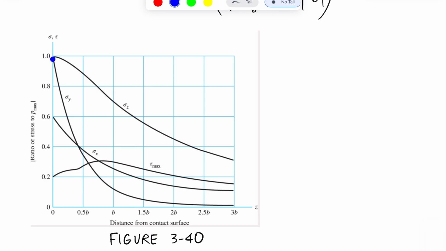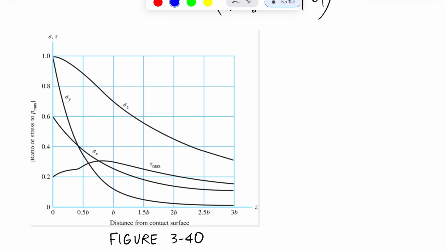And so again, you'll see that sigma z is maximum always. That's the up and down direction. And then sigma y is greater than sigma x for a while. At some point, they intersect each other, and sigma y becomes less than sigma x.